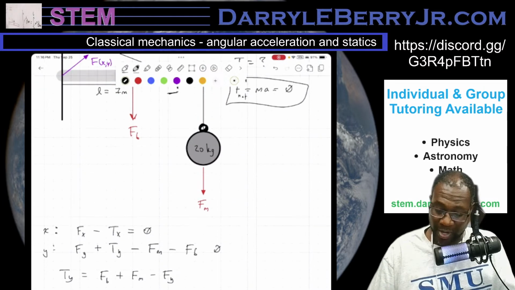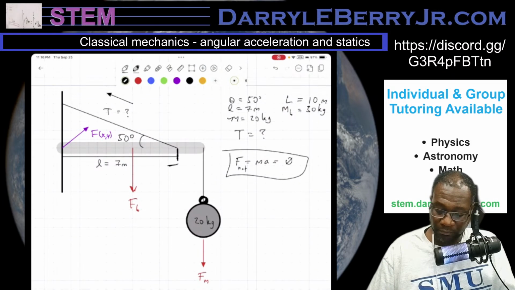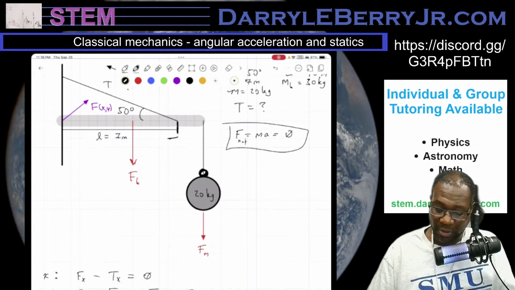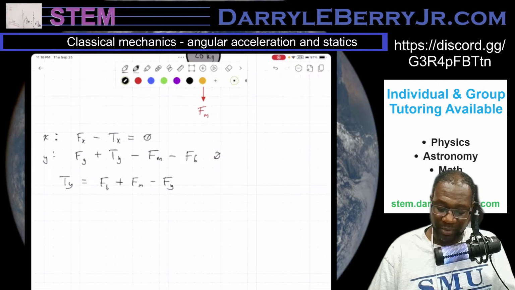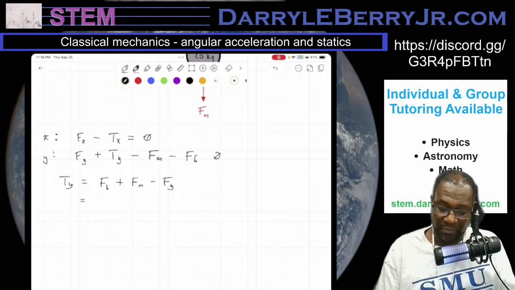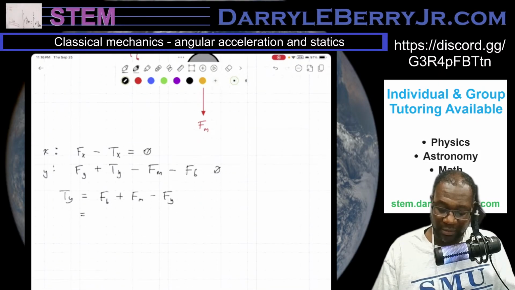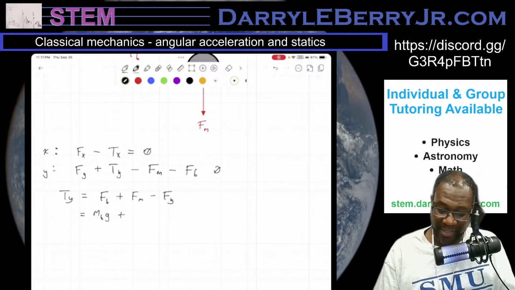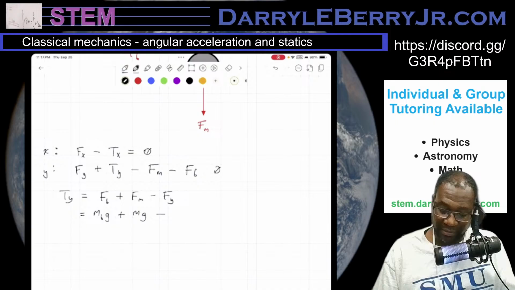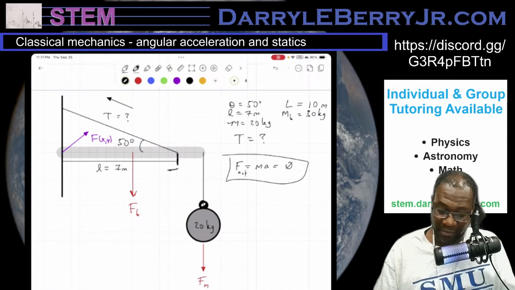Let's see if we can get the Ty component, and we can parse out from there. So F beam is going to be M beam G plus F mass is going to be mass G minus Fy.